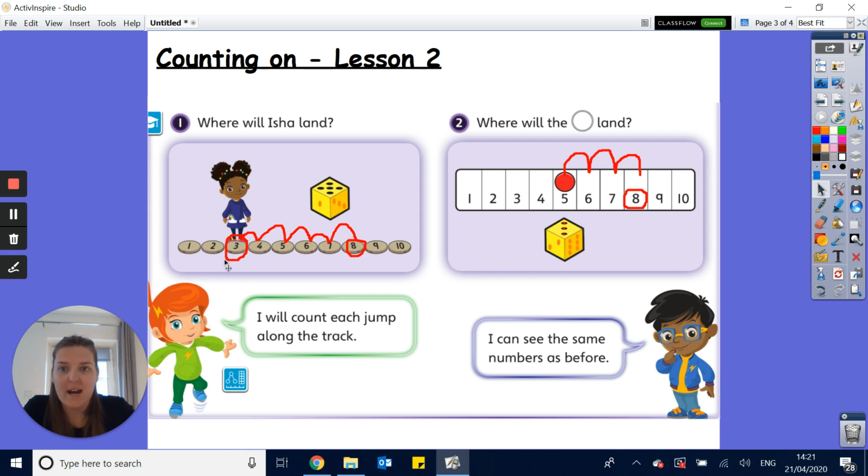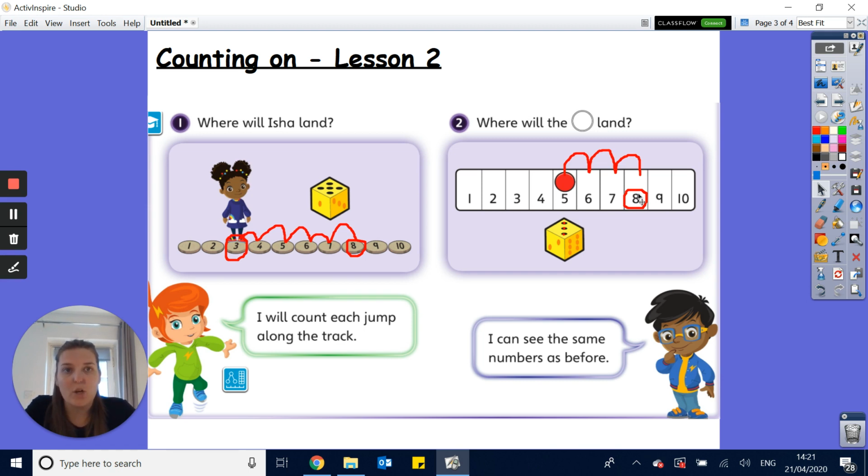So 3 and 5 more is 8, and 5 and 3 more is 8. So we've realised that 5 and 3 makes 8, and 3 and 5 makes 8. Isn't that interesting?